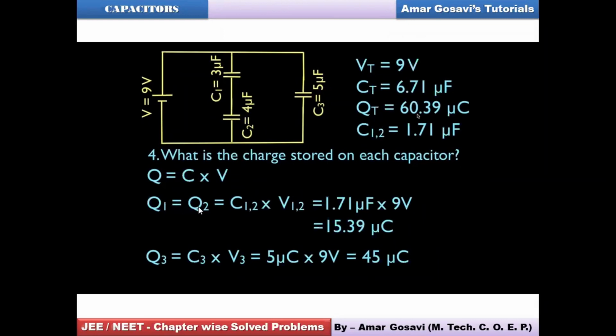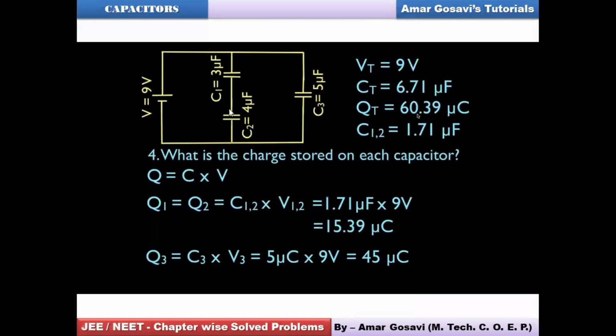For Q1 and Q2, I can put the formula C12 multiplied by V12. V12 is 9, right? And C12 we have worked out, 1.71. So multiply it and you get the charge on 1 and 2 as the same, equal to 15.39 microcoulomb. Why same? Because they are in series.